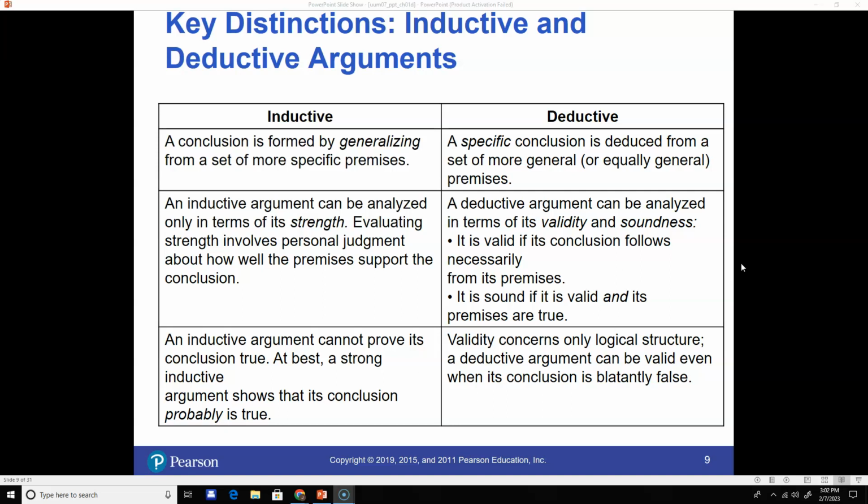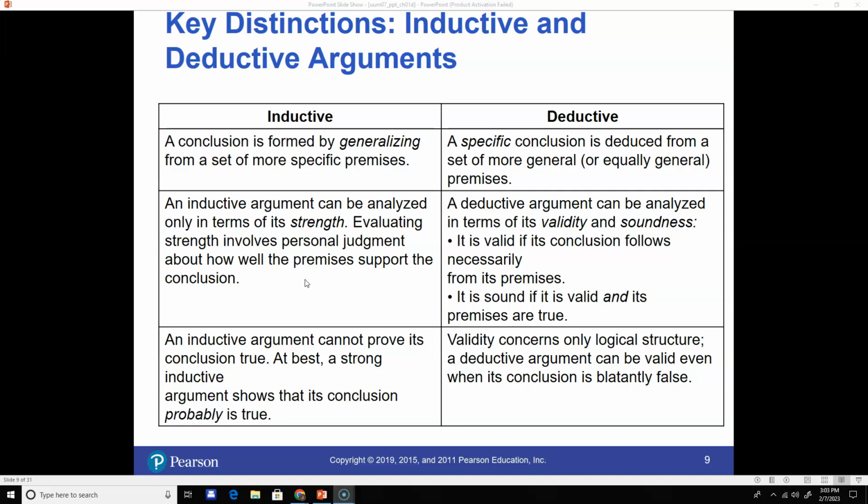Okay, so this is just a chart summarizing the differences and similarities between inductive and deductive statements. Again, with inductive, the conclusion is general and the premise is specific. Whereas with deductive, we have a general premise that's pointing to a specific conclusion.